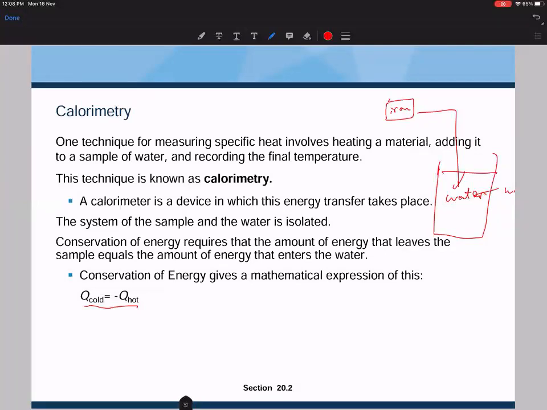And a minus Q hot refers to the heat energy lost by the hot part of the system. The minus sign just tries to balance the sign of the two sides of the equation. Because if you have a hot system, when it loses energy, Q is a negative value. So you put a negative sign to balance the two sides of the equation.